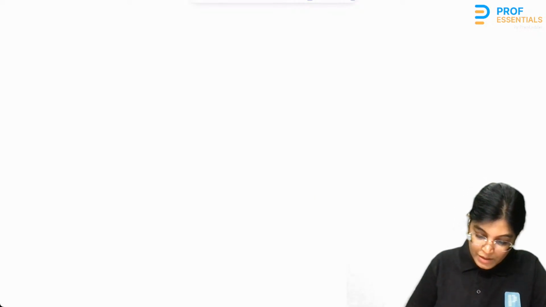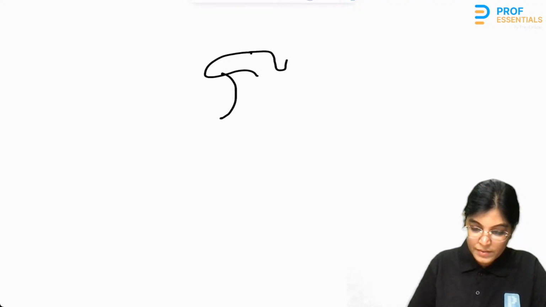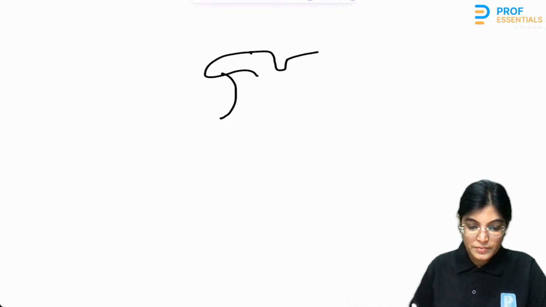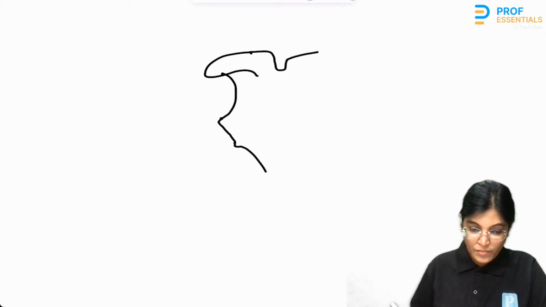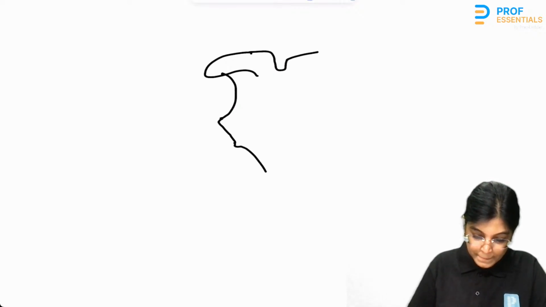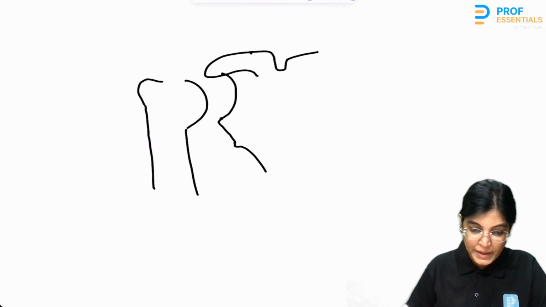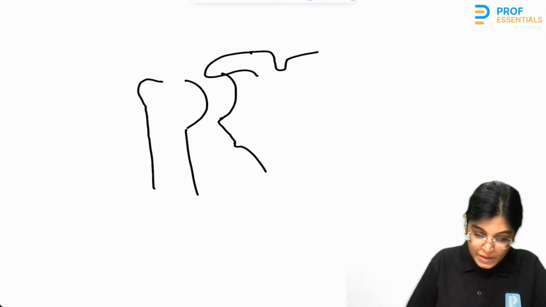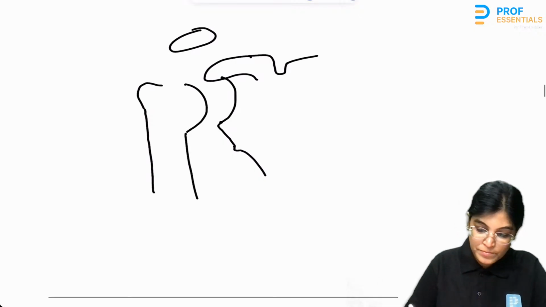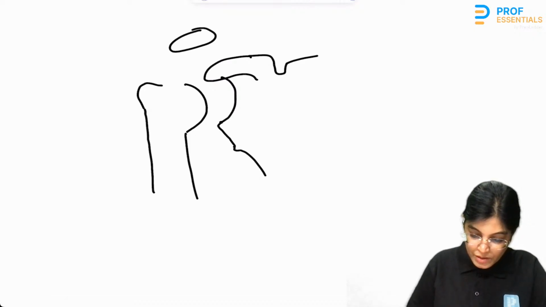Okay. So again the glenoid cavity. This is the outline of shoulder joint which I have made. And then I will make here also acromial process. Let me use gray color for all these structures.